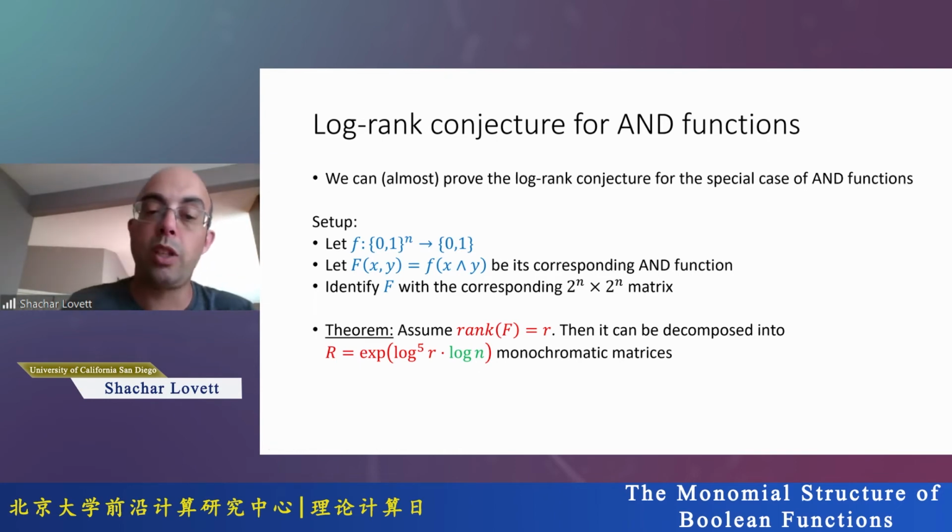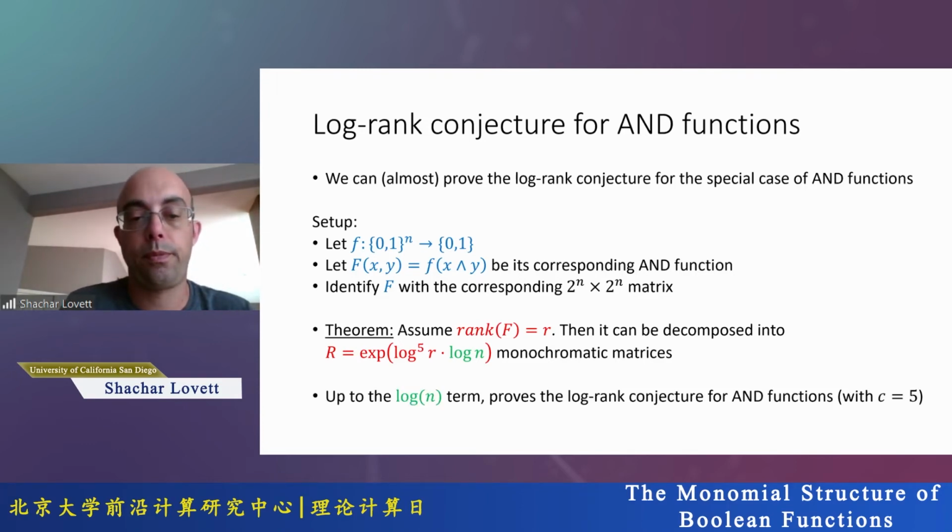So in particular, if you could get rid of this log n term in the decision tree model, as one of its corollaries, it will complete the proof of the log rank conjecture for this special case of AND functions. And so far we're almost there, but not quite there. And you see here that we get this 5, which is a constant that's more than 2. Maybe this 5 can be improved, but we don't know how to do it.